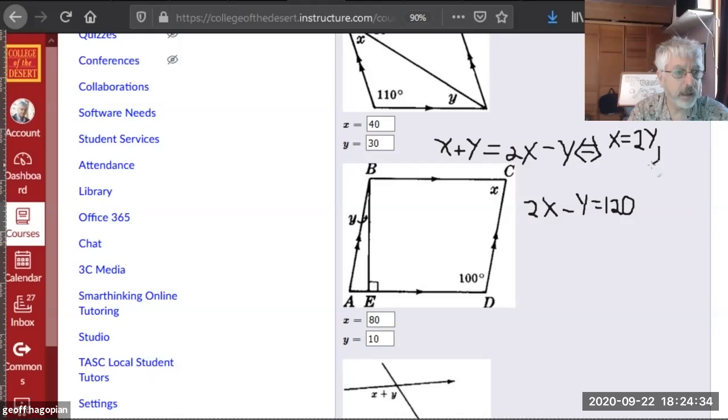So I'm going to take that and substitute it in there, right? So this is the method of substitution. You have two equations and two unknowns. You solve one for one variable in terms of the other, and then substitute into the second equation. So if x is 2y, then 2x is 4y minus y is 120.